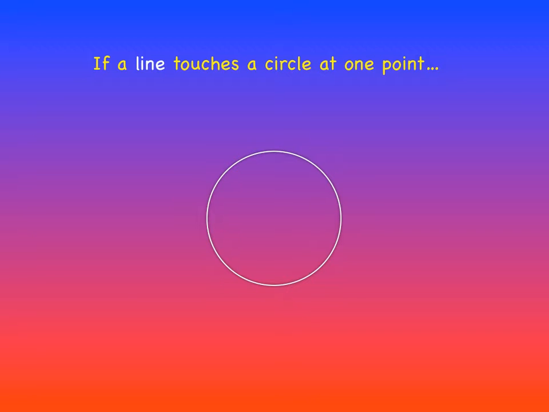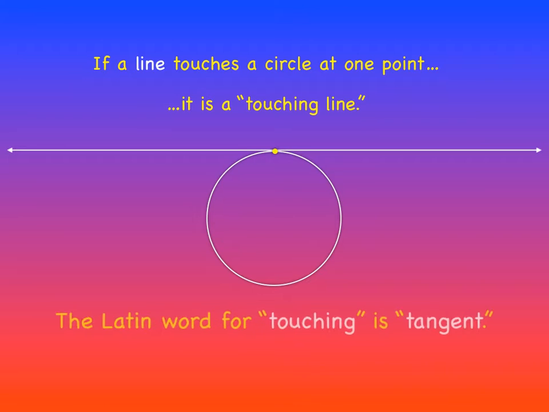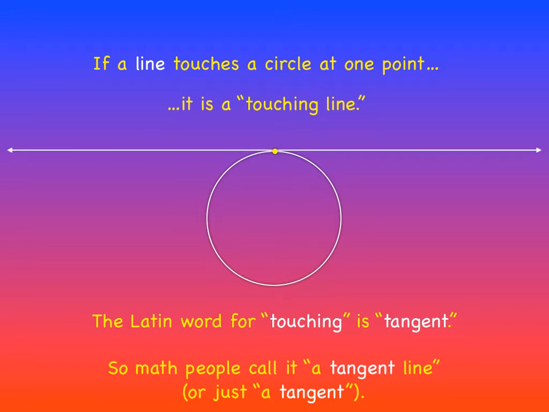Now, if a line touches a circle at one point, it is a touching line. The Latin word for touching is tangent. So math people call it a tangent line, or just a tangent.